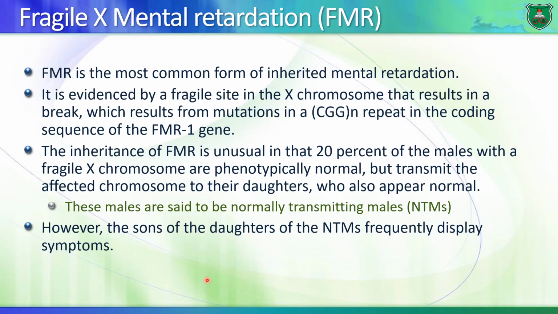But they can transmit the affected chromosome to their daughters, and they would appear normal as well. These males are known as normally transmitting males. So they are normal, but they transmit the faulty chromosome to their daughters. They look normal, and they can transmit the faulty chromosome to their offspring.